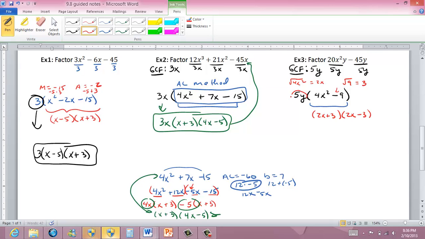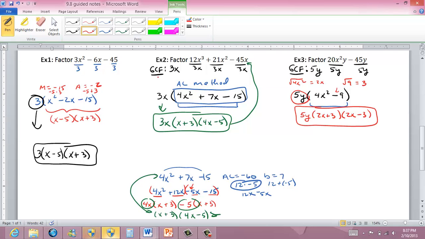But if we go to write our final answer, we must include our GCF. So this polynomial 20x squared y minus 45y factors completely out to be 5y times 2x plus 3 times 2x minus 3.